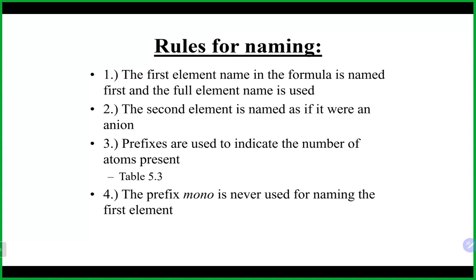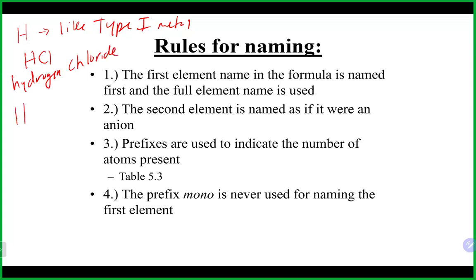And even though hydrogen is a nonmetal, we actually just name hydrogen like a type 1 metal. So if you had HCl, which by the way is sharing of electrons between the hydrogen and the chlorine, it's covalently bonded, but in terms of naming, this would be known as hydrogen chloride.